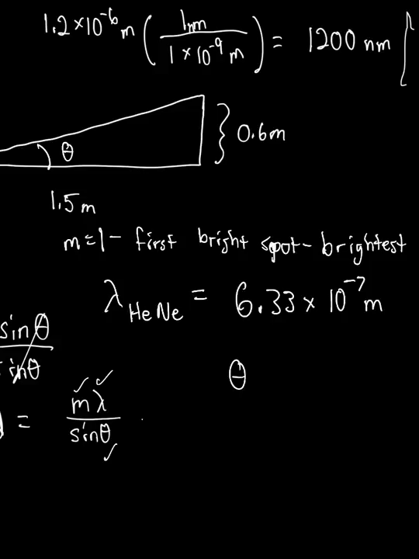So theta is the inverse tangent of 0.6 divided by 1.5. Brightest fringe, first bright spot, always one.